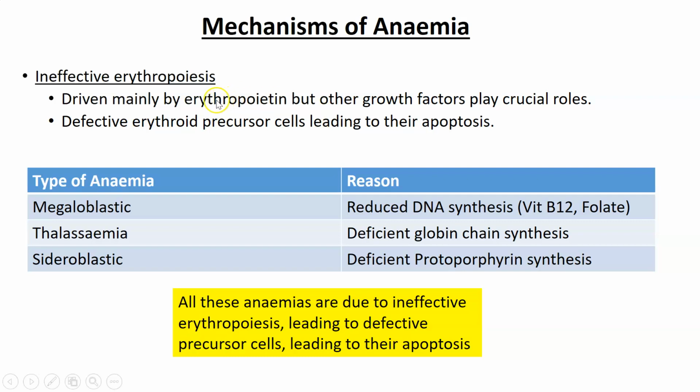Erythropoietin is by far the most important molecule, but other molecules do also play roles. Just because you have enough erythropoietin being produced, if the other molecules aren't being produced at the right levels or at the right times, that could also drop the process of erythropoiesis from happening at the rate it should.